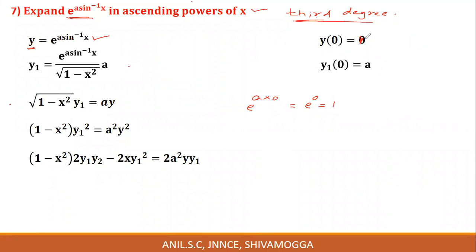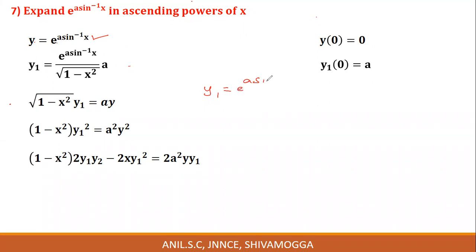Next. To obtain y1, we differentiate this expression with respect to x. The derivative of y is denoted by y1. This is equal to derivative of e power a into sin inverse x, which is e power a into sin inverse x itself, into derivative of a into sin inverse x. A is a constant, keep it as it is.